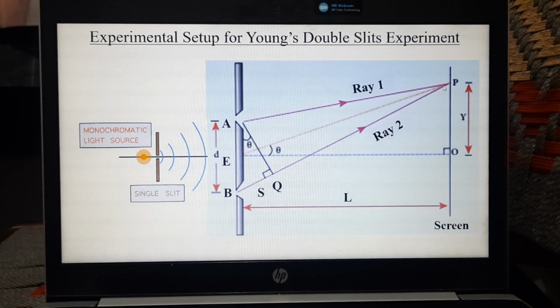If the two rays are destructively interfering at P, then point P can be considered as a dark point.